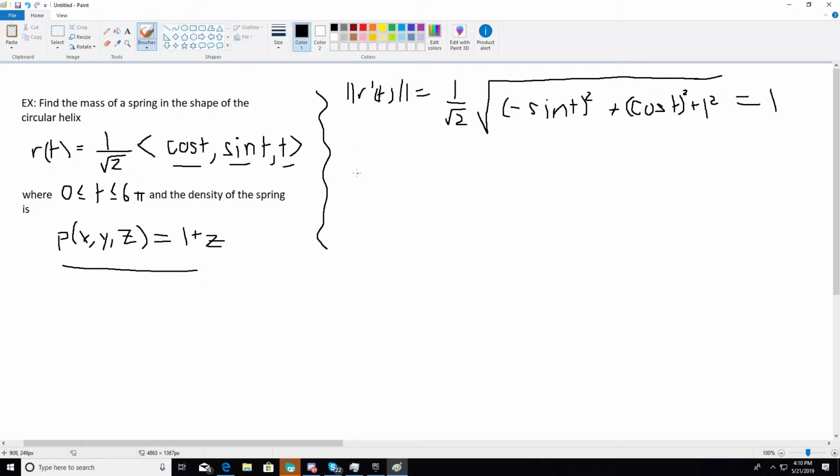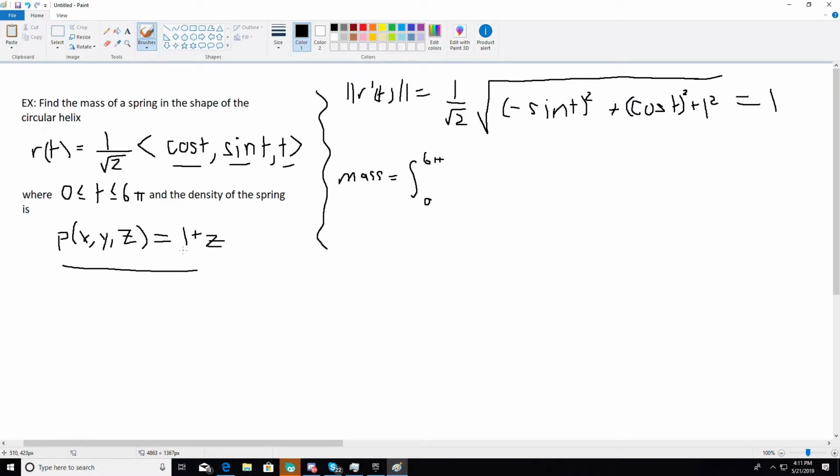So now to move on to the integral, we have that the mass is equal to the integral from 0 to 6 pi.